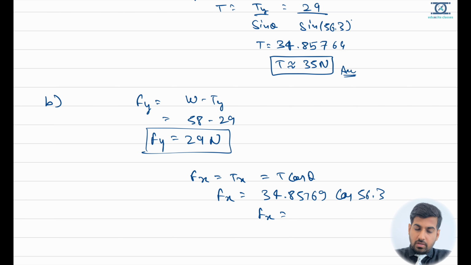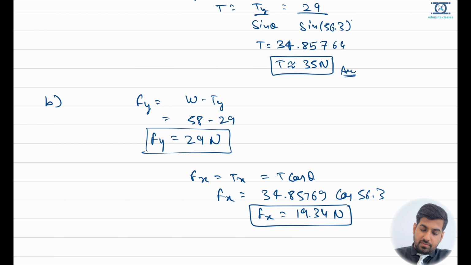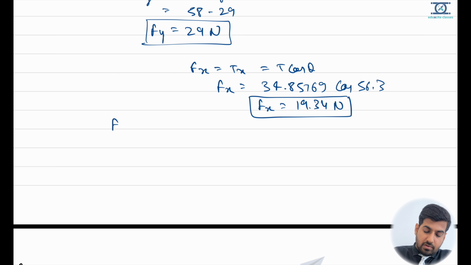Take the whole value when you do the calculation, so it will be 19.34 Newton. Now we got Fx and we know Fy, so F will be the square root of Fx squared plus Fy squared, the resultant.